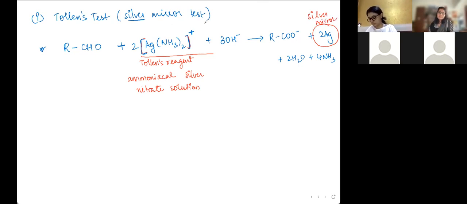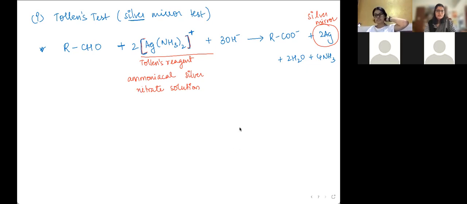That's why it's called a silver mirror test. If there is an aldehyde, either aliphatic or aromatic, as long as you have that CHO group, it gives the test and the silver mirror ends up forming. So it's called a silver mirror test.